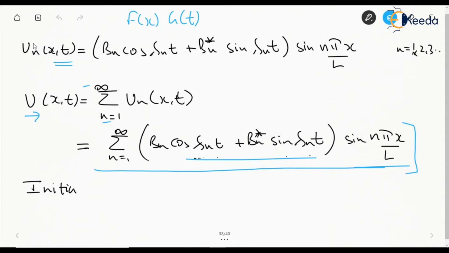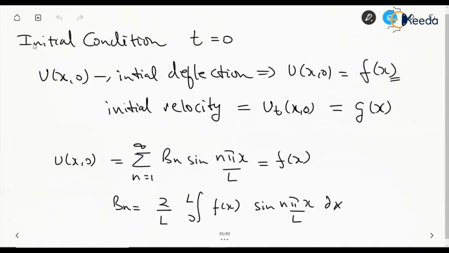Now because of this, we have seen the boundary condition. Now it is about the initial condition. So initial conditions means t equal to 0. At t equal to 0 we can have two things, initial deflection and initial velocity. So t equal to 0 means u(x,0) and u_t(x,0), that is the partial derivative of u with respect to time. So let's say that this is given by f of x and this is given by g of x.